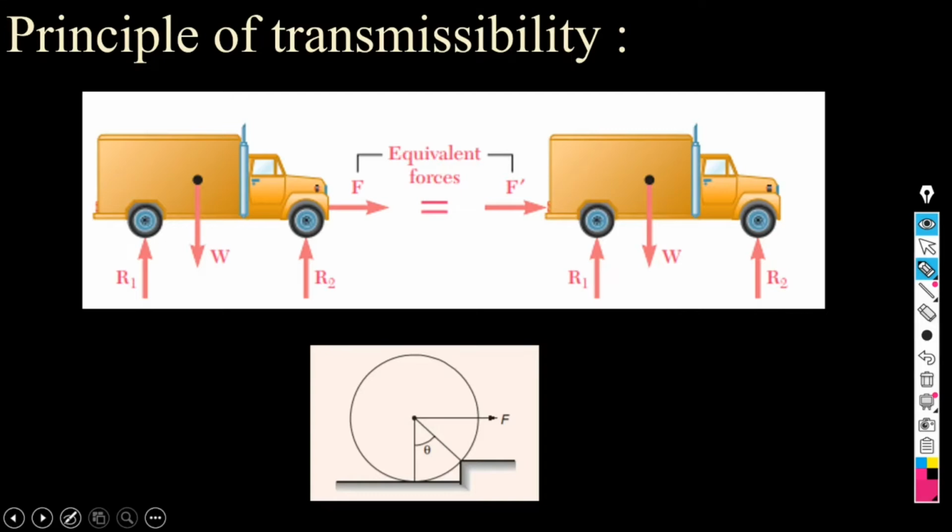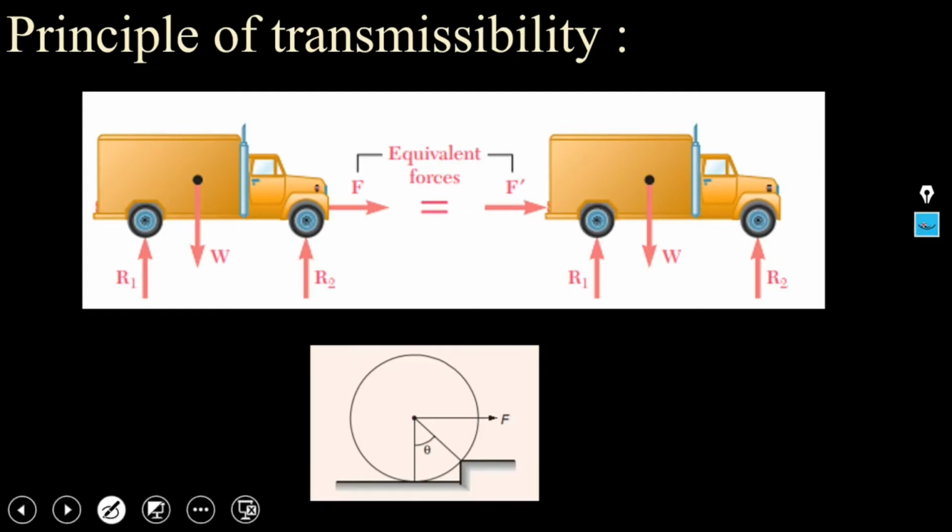For example, if I apply the same force of the same magnitude in the same direction but acting at a different point here or here or here, then from the perspective of equilibrium and motion it will be the same compared to the original force, according to the principle of transmissibility.